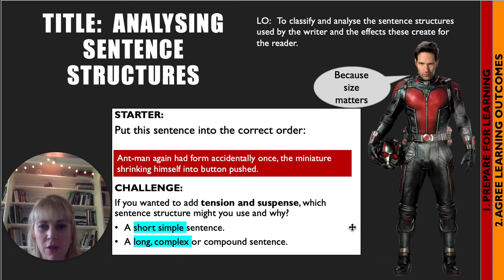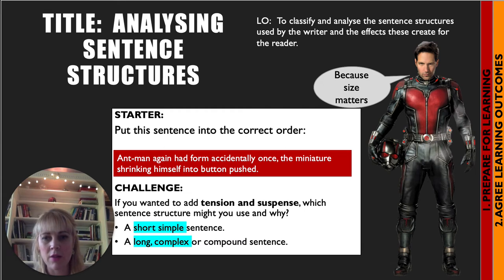Which of those do you think would be more effective in building up tension and suspense? So have a think about that and then write down the answer to that question. Which would you use? And you've got to be able to say why. So I don't want just a bullet point answer. I want you to choose one and then explain why you think that that would be more effective in building up tension and suspense.